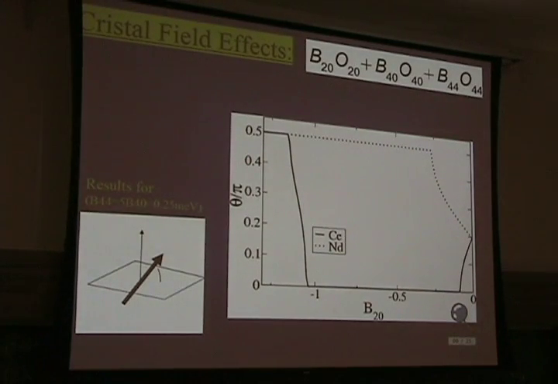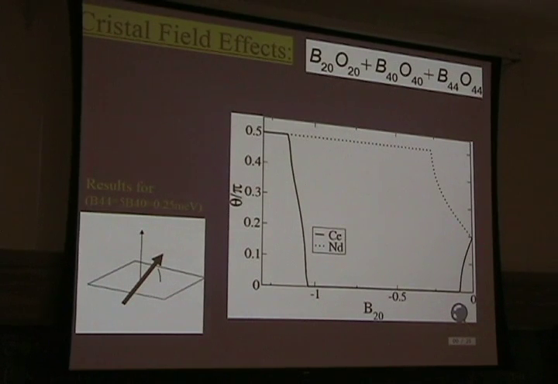So first, if you get the cubic parameter for cerium in the 115 and use it here, the cubic Hamiltonian gives you an order around the 111.